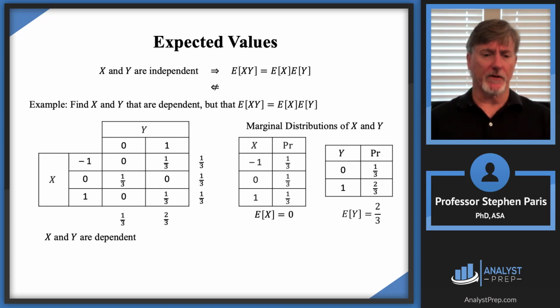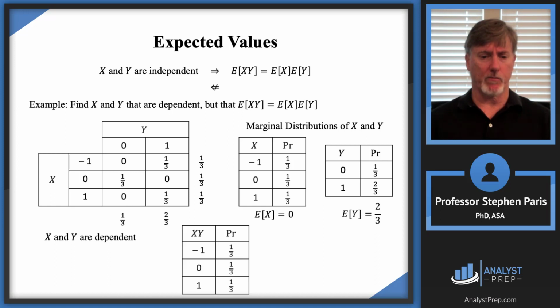Now if I look at the product of cap X times cap Y, the values could be either -1, 0, or 1/3. I'm going to leave it to you to fill in the details of the table. It's not very hard to see that, for instance, the only way cap X times cap Y could be -1 is if cap X is -1 and cap Y is 1, and that comes with probability 1/3. I'll leave it to you to verify the table.